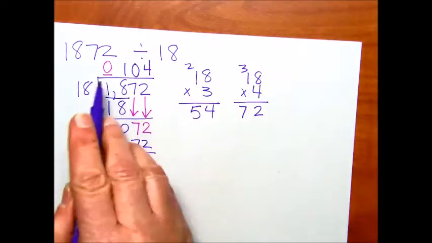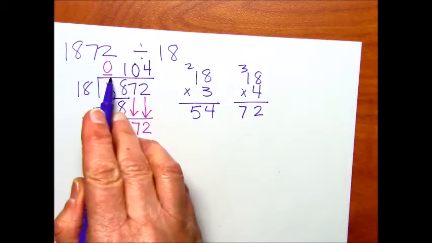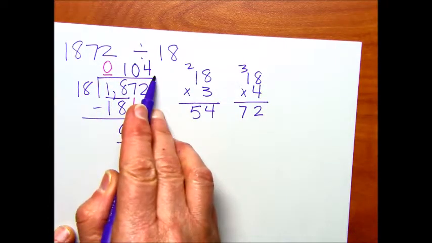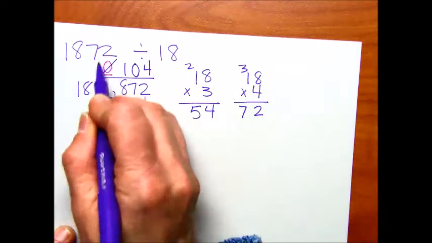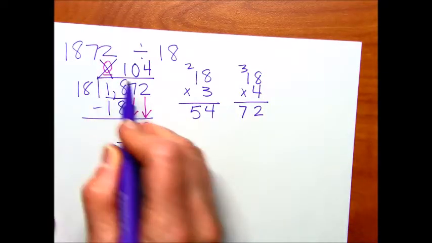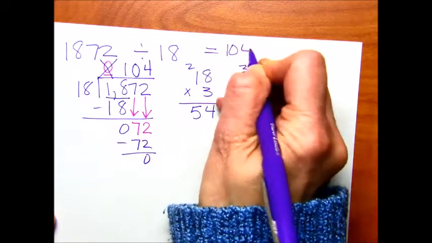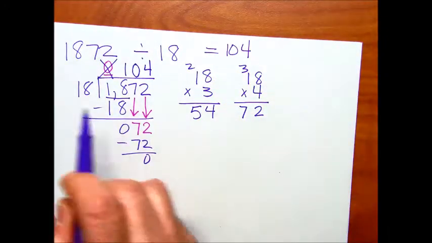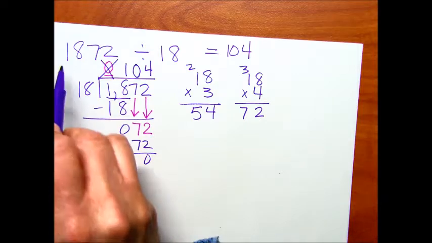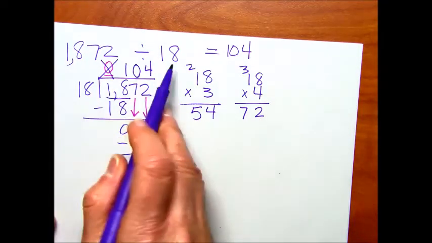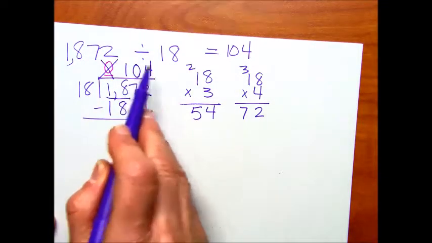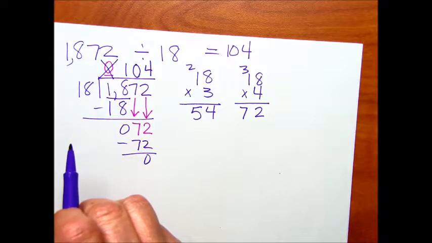So notice I had the 0, 1, 0, 4. We don't write this out as our final answer. The answer would be 104. So if we were to take 1,872, divide that into 18 groups, each group would have 104.